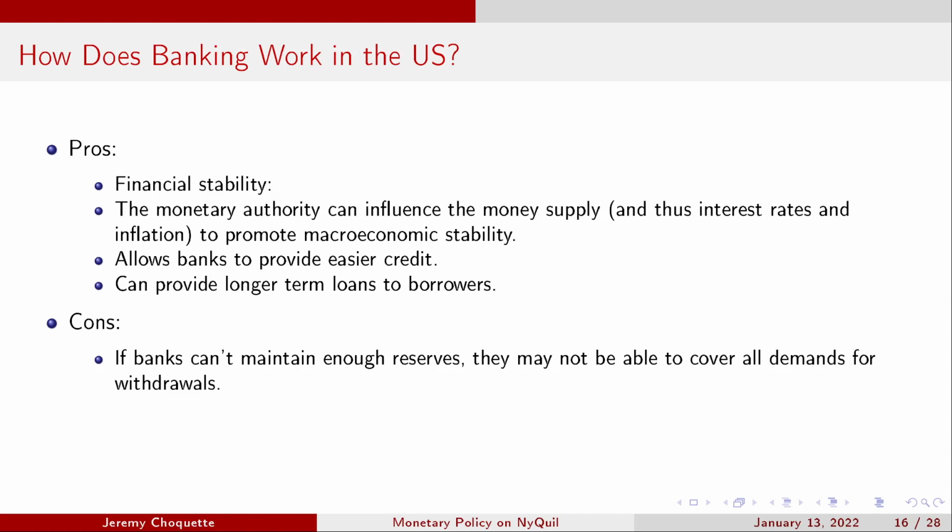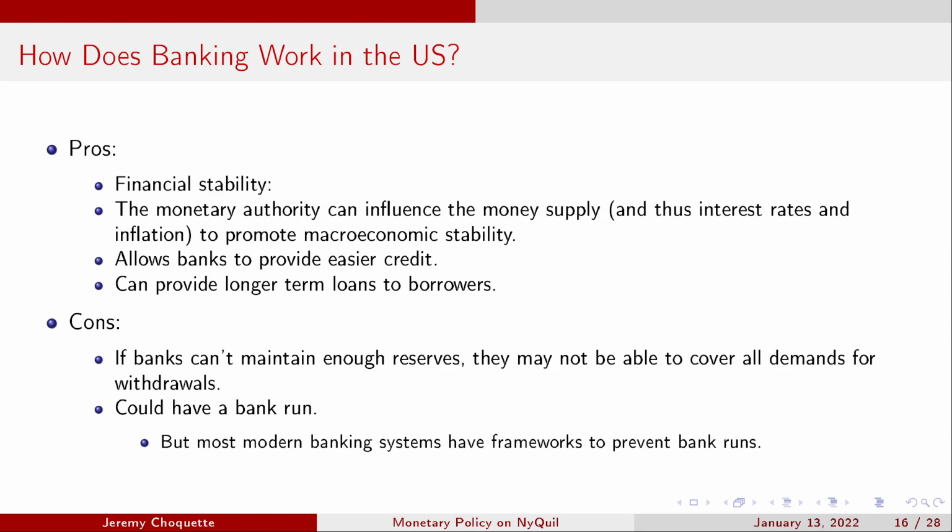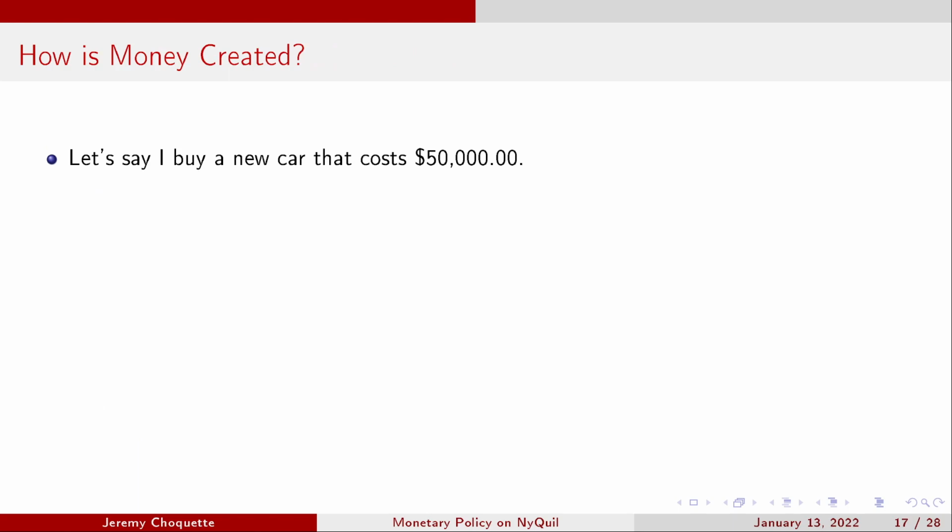That can actually be really bad, especially if everybody decides they want to go to the bank and withdraw their cash all at once. You can end up getting a bank run. Bank runs are really, really bad. Now, most modern banking systems have some kind of a framework set up to prevent bank runs, but they can always happen.